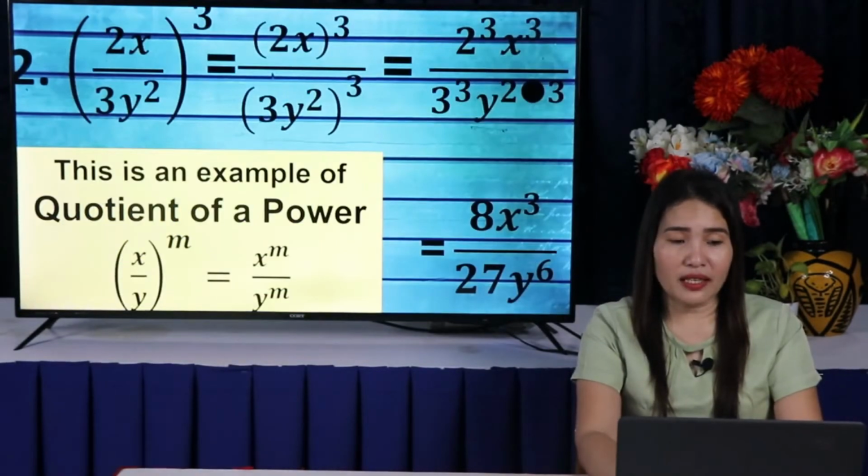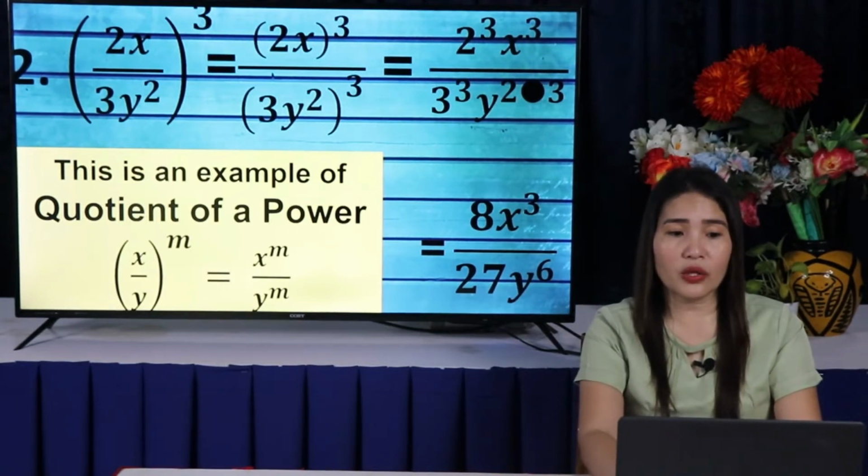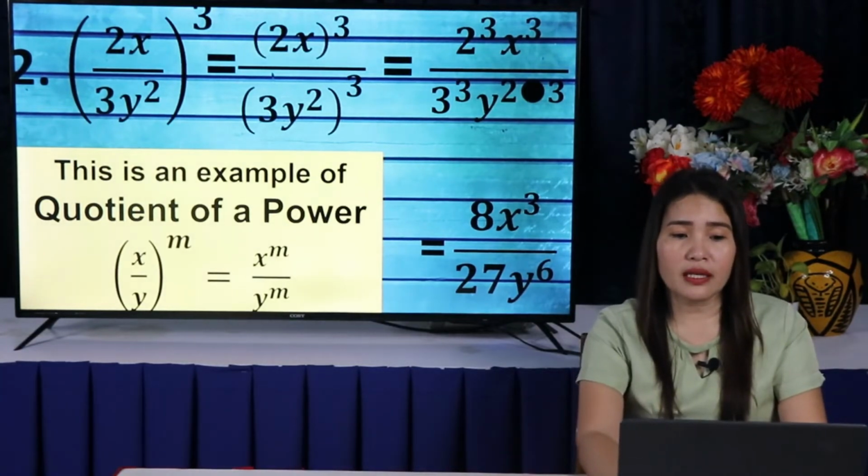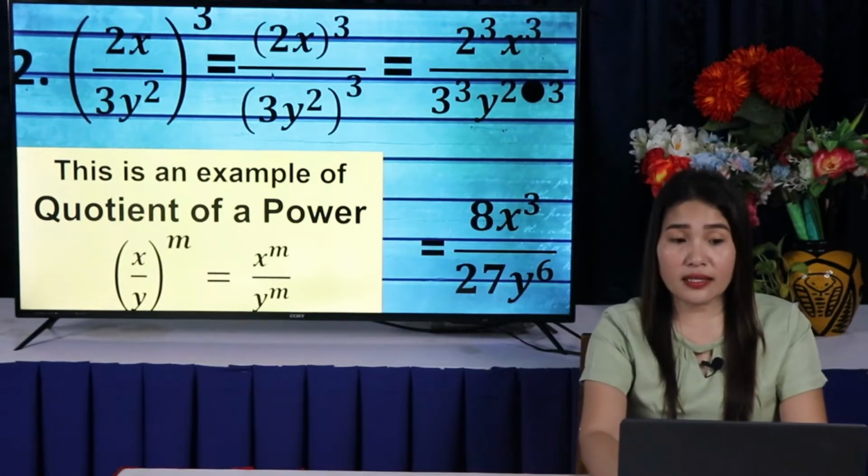Another example is the quantity of 2x over 3y squared raised to 3, is equal to the quantity of 2x raised to 3 over the quantity of 3y squared raised to 3. And the simplified form will be x times x raised to 3 over 27y raised to 6. So this is an example of a quotient of a power.